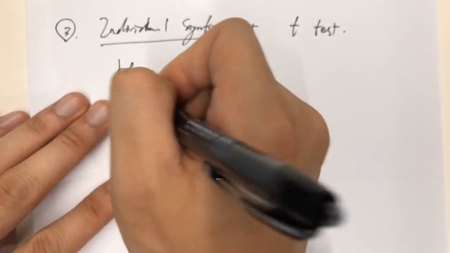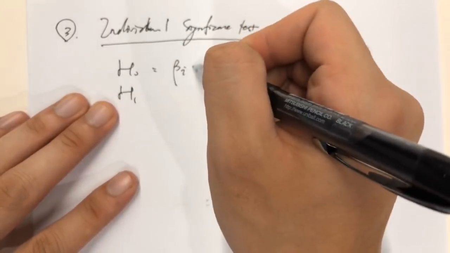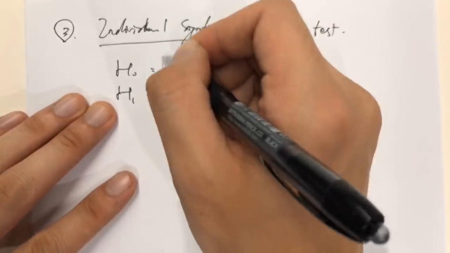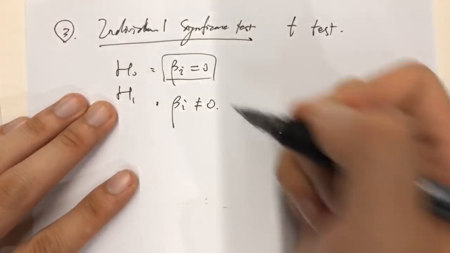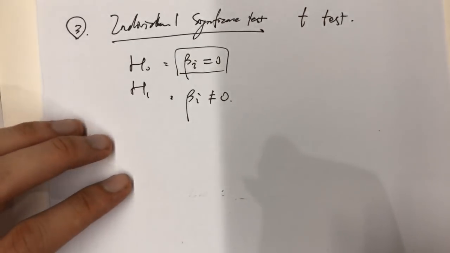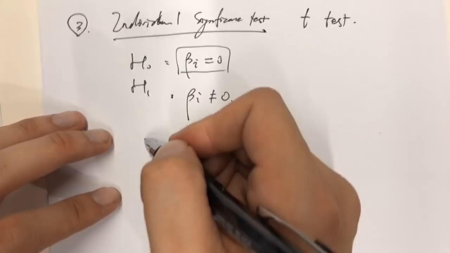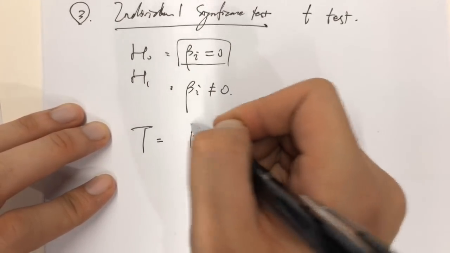And the null hypothesis and alternative hypothesis: beta i equals 0, a specific beta equals 0, and a specific beta not equal to 0. Okay, so this is the individual significance test. For the individual significance test, the test statistic t is calculated by beta i hat.